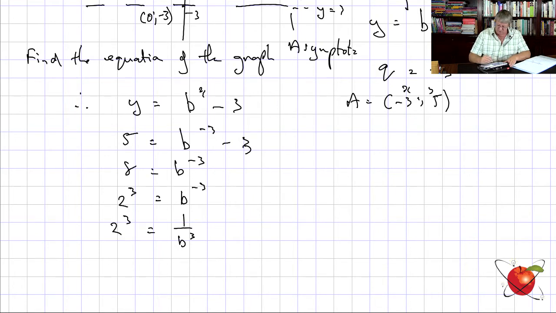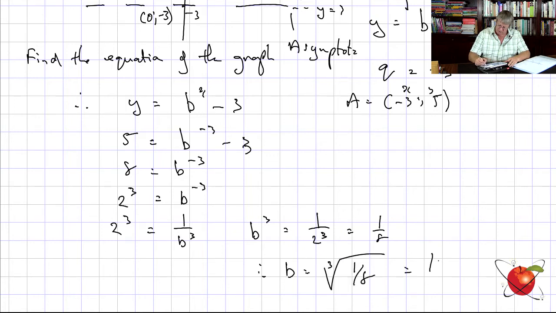Let's multiply through by b cubed. Therefore, b cubed is equal to 1 over 2 to the 3, which is equal to 1 over 8. Therefore, b is equal to the cube root of 1 over 8, which is a half. Okay? All right? Therefore, that's how we found that.